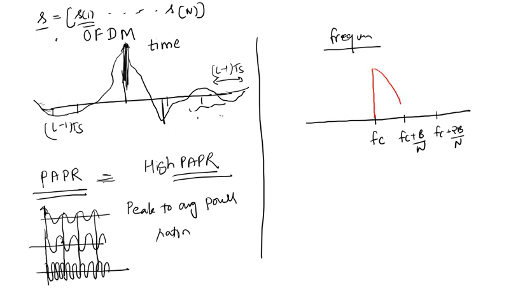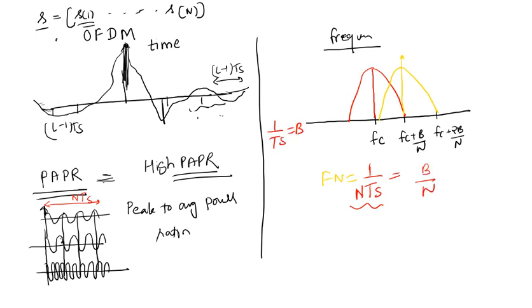So this carrier will look like this, this is another carrier, because each carrier will have its first null at 1 upon NTs, because each carrier has time duration NTs. The first null will be at 1 upon NTs, and if you remember, our 1 upon Ts is B, therefore at B by N will be its first null.